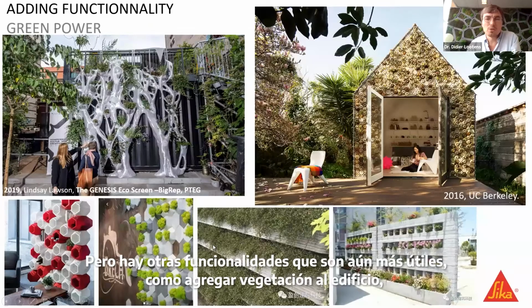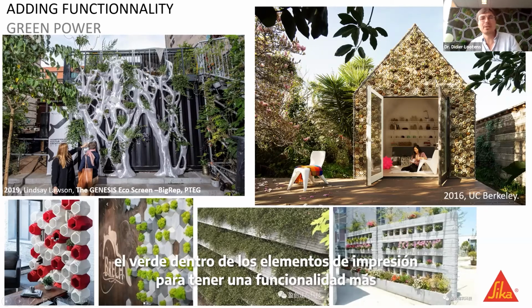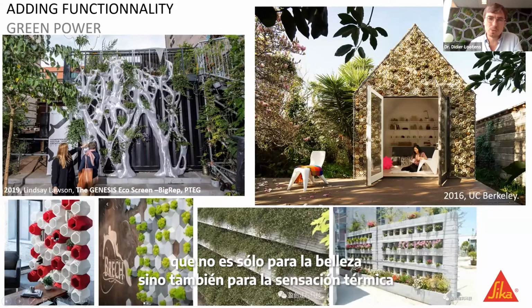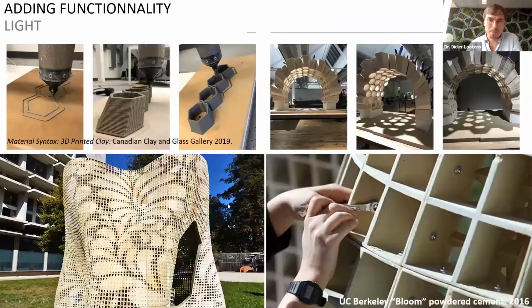But there are other functionalities that are even more useful, to add some vegetation to the building. So here you have in Berkeley a nice example, or in the Genesis Eco green system 19, where they are integrating green inside of the printed element, so that you have one more functionality, which is not only for the beauty, but also for the thermal aspect, because like a green roof, you can cool down your building with the addition of the green part.